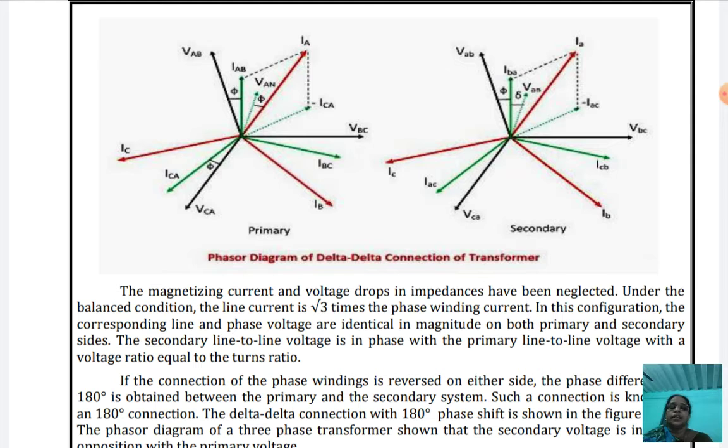ICA means the current between C phase and A phase. Therefore IA, the line current, is the vector sum of IAB and minus ICA. There is no neutral in the delta connection.